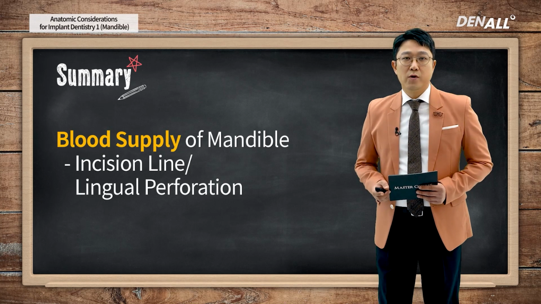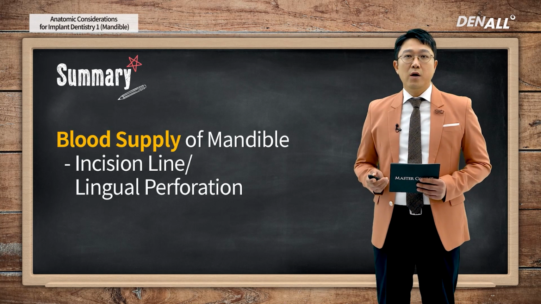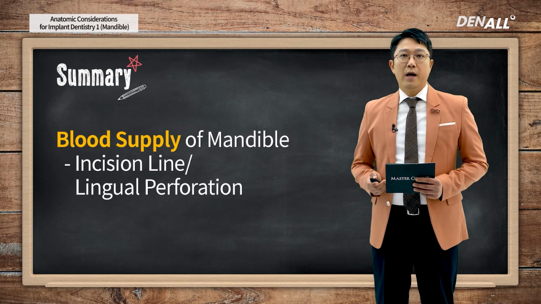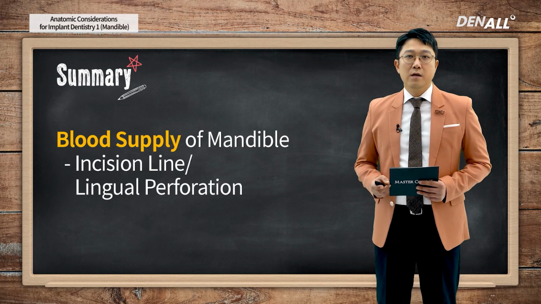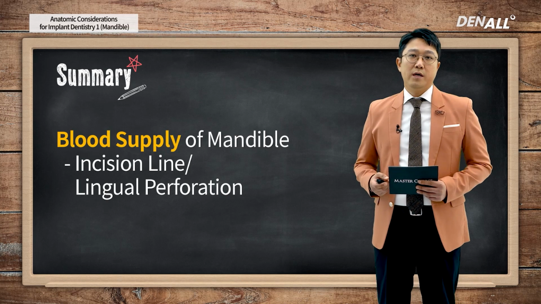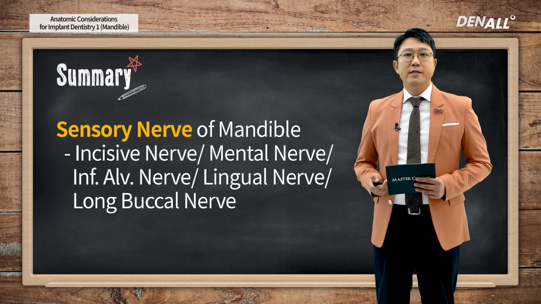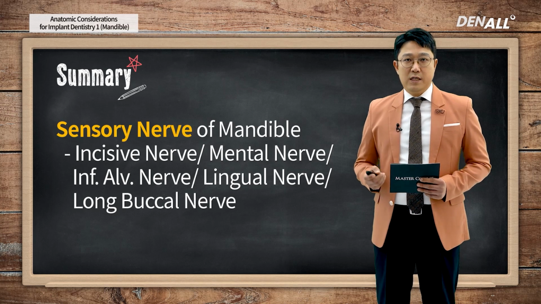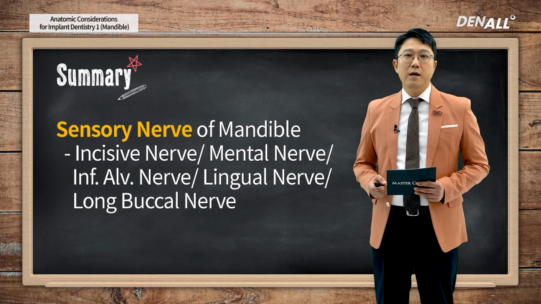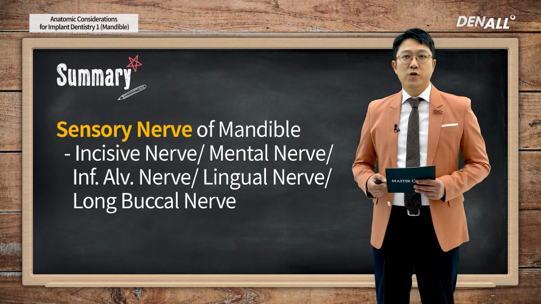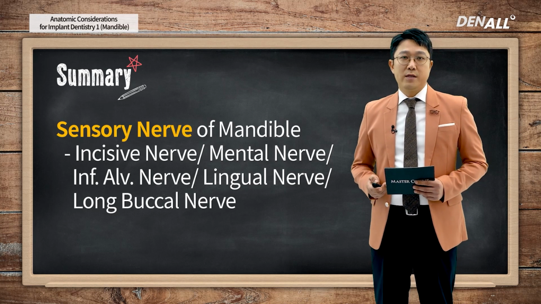Second, the blood supply of mandible, the characteristics of blood vessel in the mandible. Due to lingual form of the mandible, a perforation can occur, so we need to be careful not to make lingual perforation. Third, sensory nerve of mandible, incisive nerve, mental nerve, inferior alveolar nerve, and long buccal nerve. We need to be careful when we place implants about the nerves.